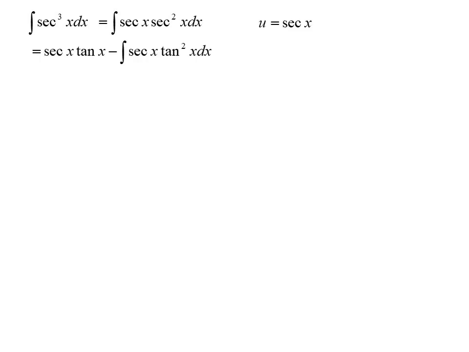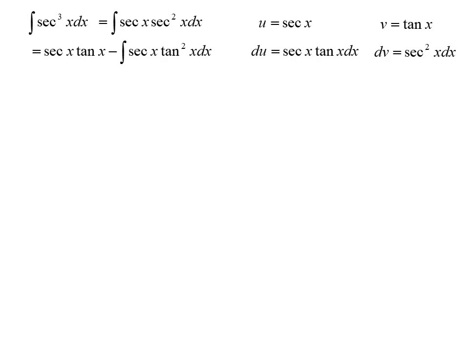Sec cubed. Okay, well let's pull out sec squared. Can't really rewrite that as derivative times a function. So now I do it by parts. I've got 2 functions multiplied together. I'll make u equal to sec x, and when I differentiate sec, I get sec tan. dv is sec squared, which I can integrate, and I get tan x.